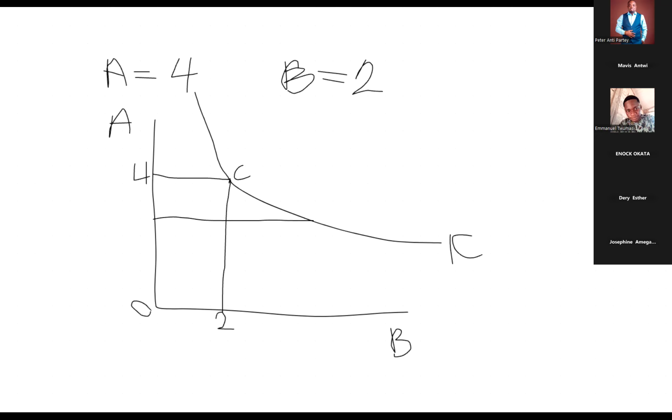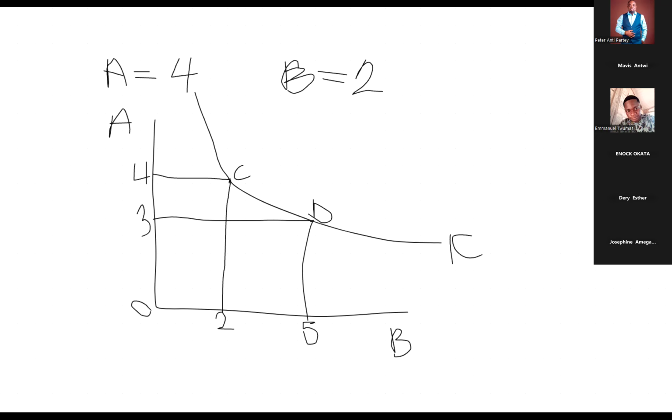So let's say this is 0.5, 5 bananas, and then 3 apples. So far as the point is on the indifference curve, we say that the consumer is what? Having the highest level of satisfaction. And we also said that a consumer can be on point C or point D, and that consumer, we will say, is indifferent.